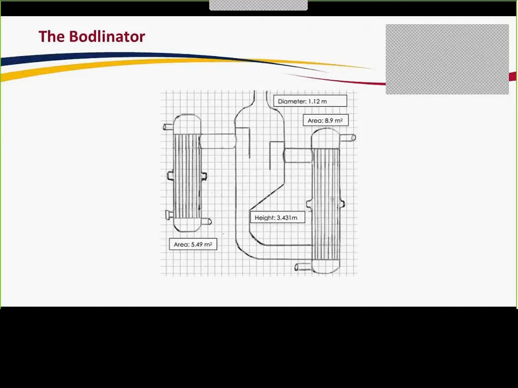The second process intensification design that was developed was nicknamed the Bodlinator by its inventor, Michael Bodley. As you can see, one of the main differences was the incorporation of a knockout drum between two shell and tube heat exchangers.